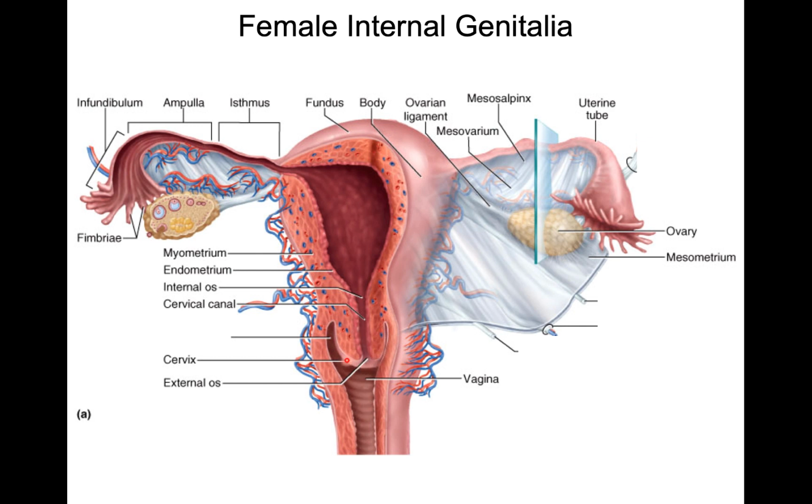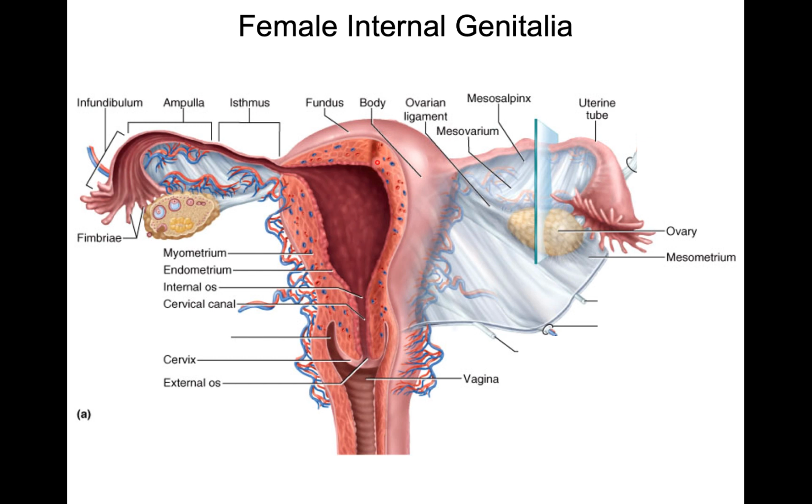The cervix is the external tissue. The actual opening into the uterus is called the external os. It opens up to the cervical canal, then to the internal os. So external os, cervical canal, internal os, and then you have the uterus.